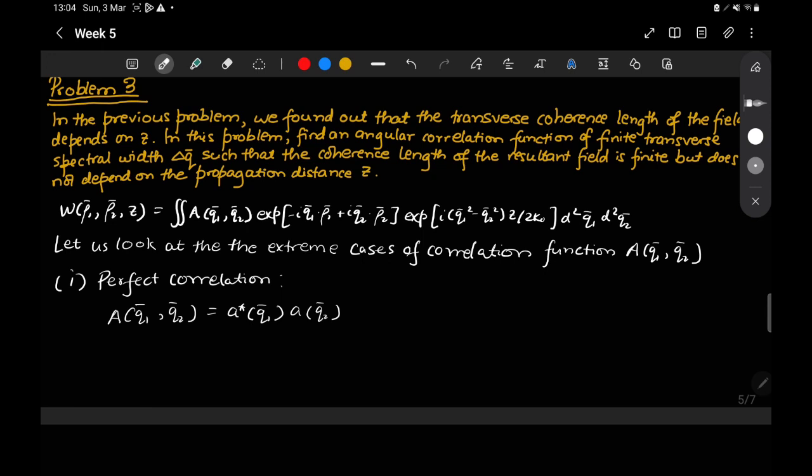So this is the expression for A when there is perfect correlation.